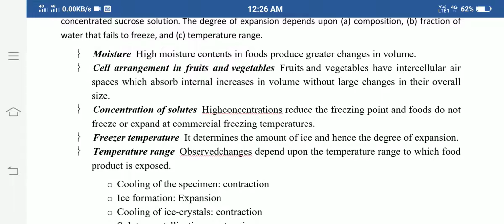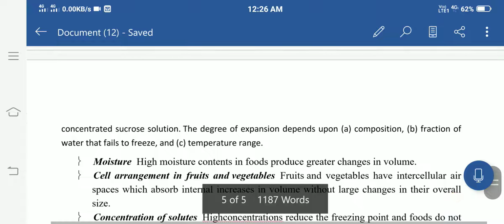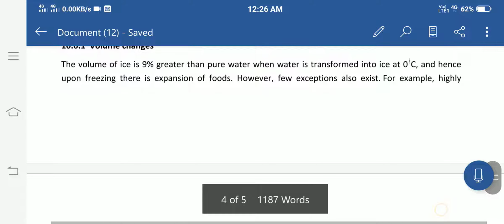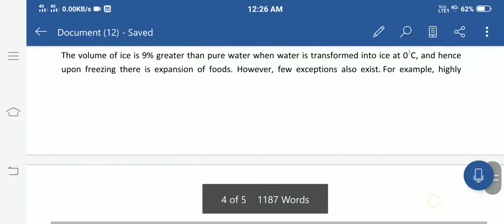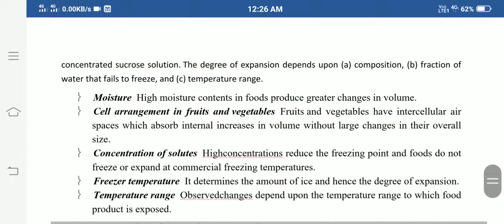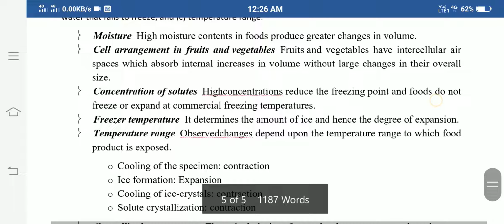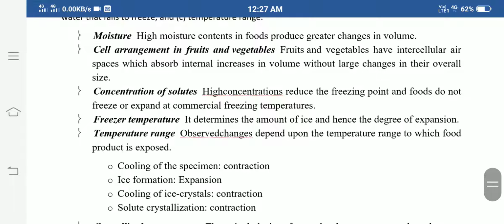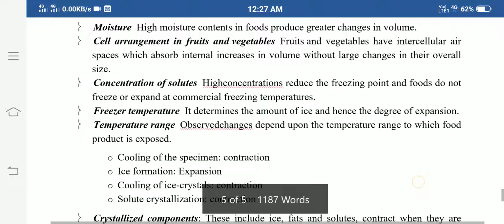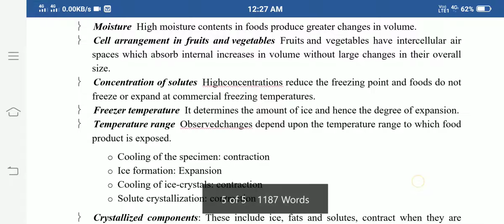Then the moisture content. High moisture content in food produces greater changes in volume, as we know that the volume of ice is 9% greater than pure water. So if moisture content is high, then there will be a greater increase in the volume. Then cell arrangement in fruits and vegetables.